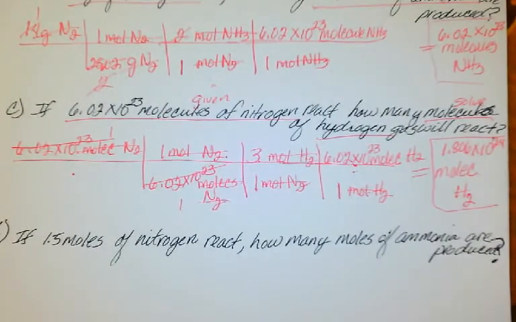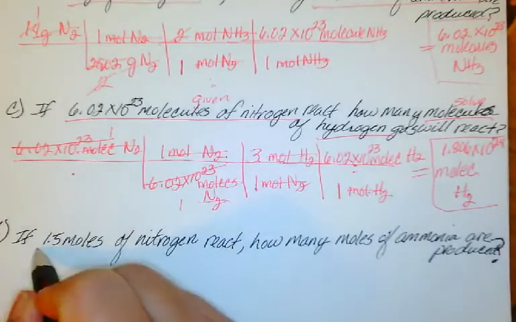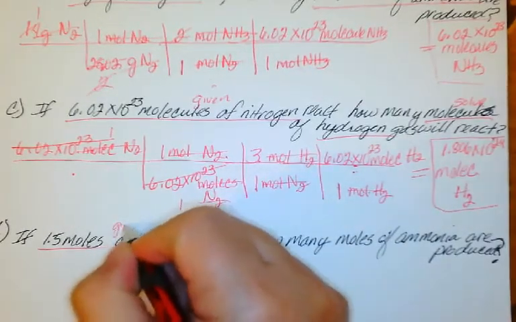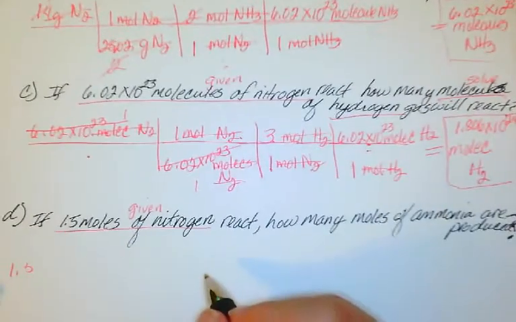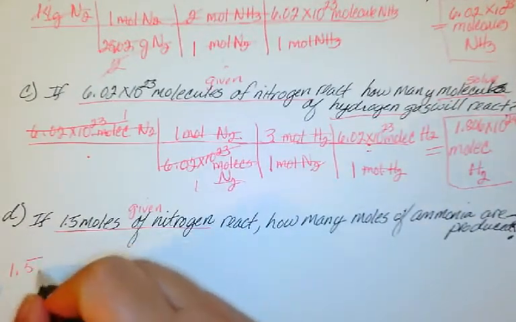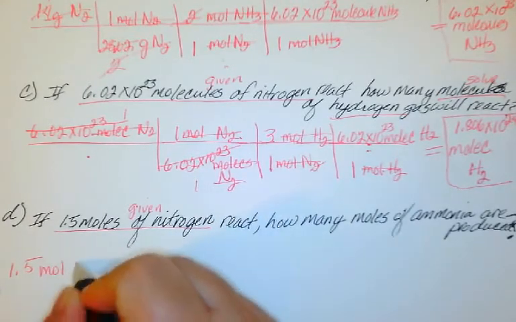Okay, so let's do the last part of this problem. Part D says, if 1.5 moles of nitrogen react, how many moles of ammonia are produced? Okay, so what's my given? I have to have a number. This is my given: 1.5 moles of N2.